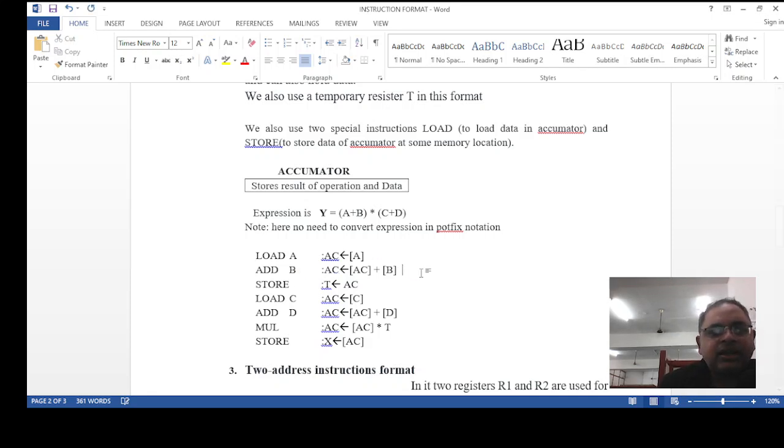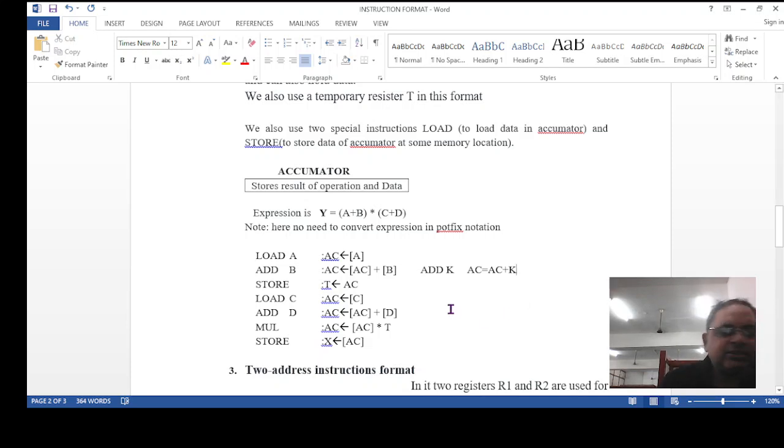In the add instruction, which is used in one address instruction format, when we are writing add C, what is the meaning of add C? The meaning of add C is AC equals AC plus C. Okay, to avoid confusion, in place of C you can assume the register K. This is only an assumption.